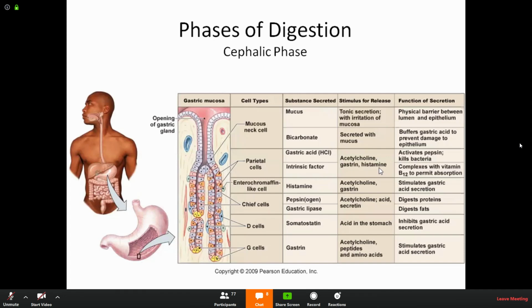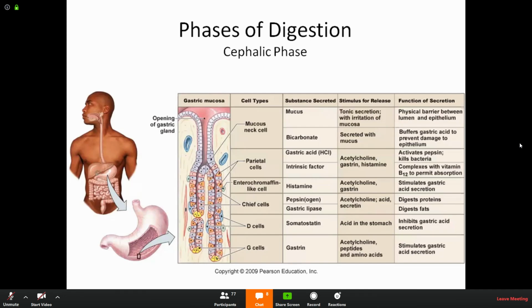Intrinsic factor is necessary for absorption of vitamin B12, because there are receptors for intrinsic factor in the small intestine. If there is no intrinsic factor and we consume vitamin B12, then vitamin B12 cannot be absorbed.